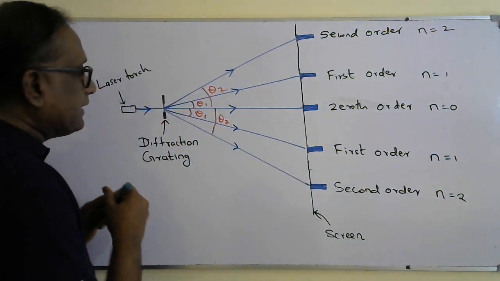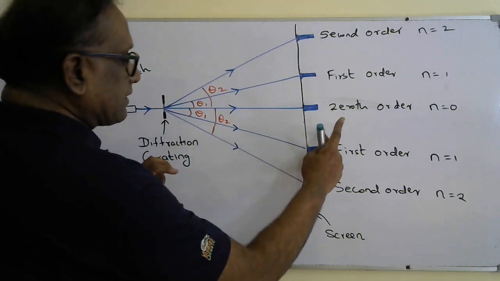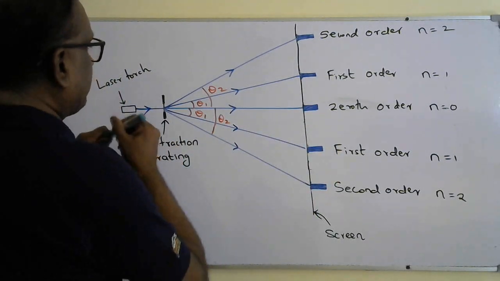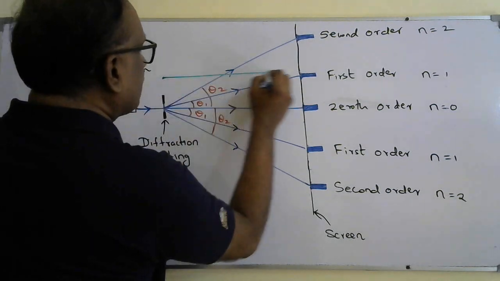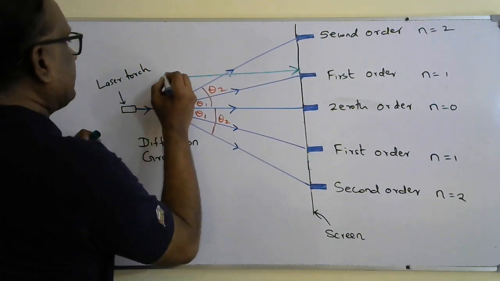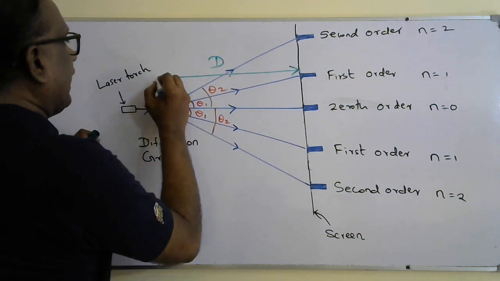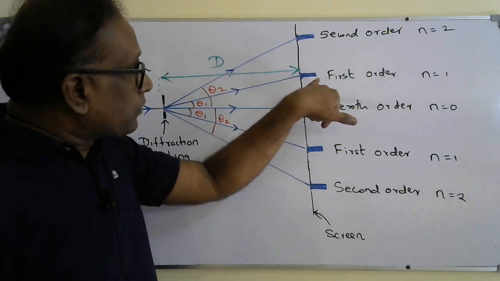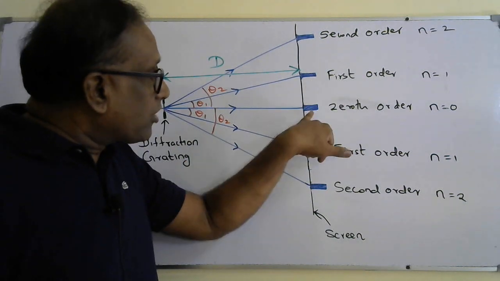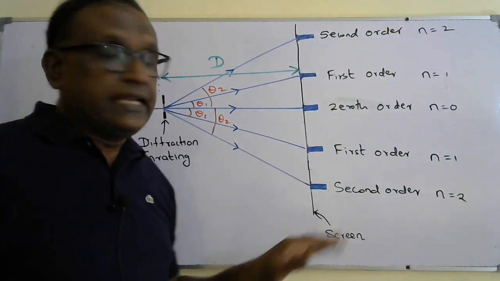So if I know that distance of the screen from the diffraction grating, I call that distance capital D, and I can measure the distance of the first order from the 0th order on the screen.